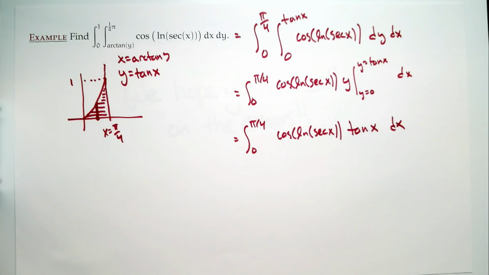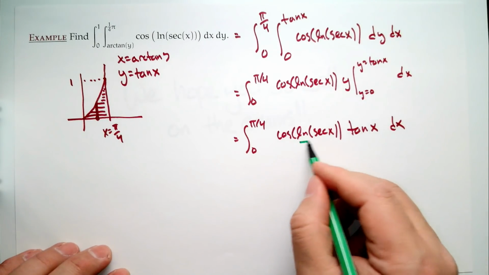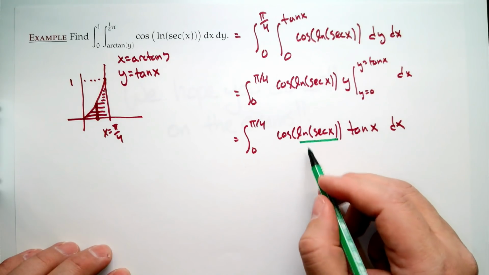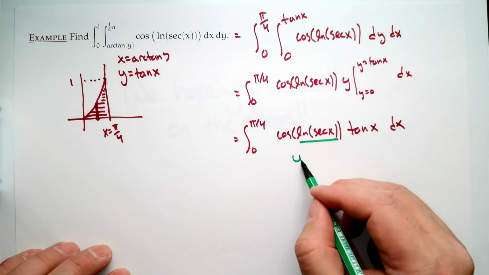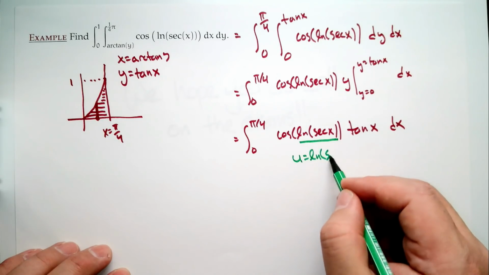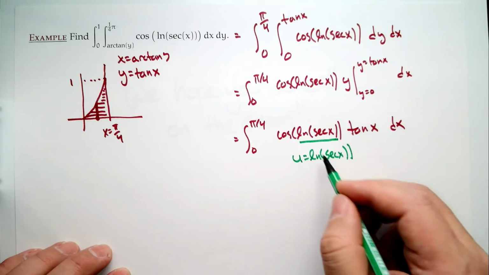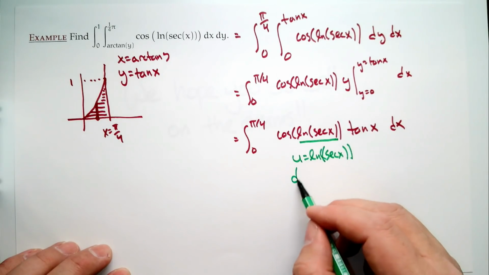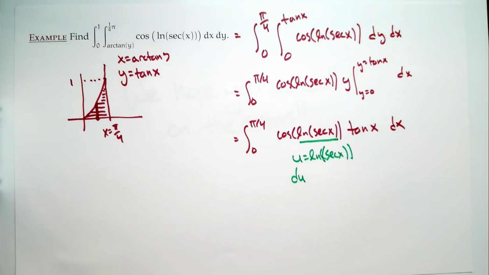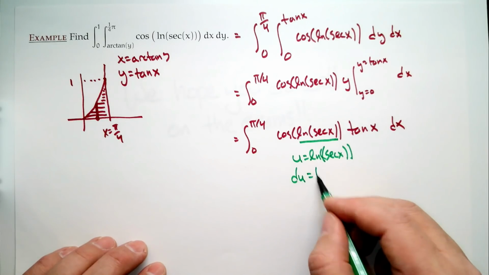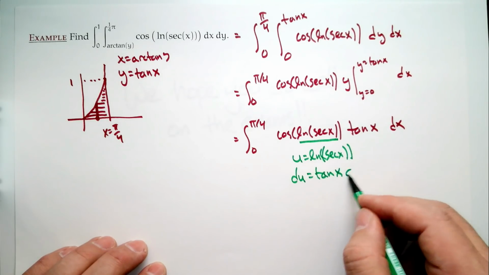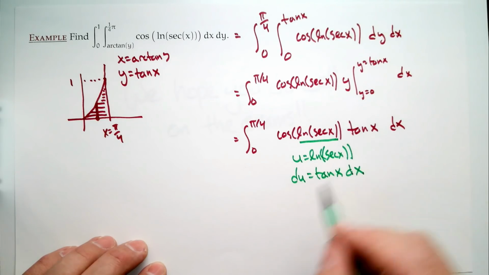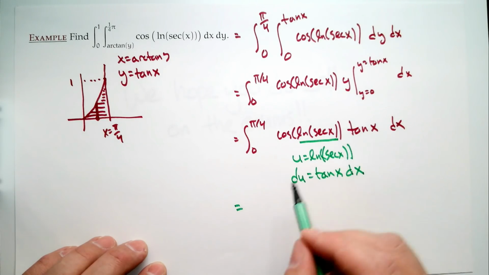And we say, well, is that any better? Well, we think to ourselves, can we do this? We suspect something should happen. Let's try setting the inside part here, u equals log secant x. What's du become? What's the derivative of log of secant of x? It's tangent of x. Almost as if they wanted something nice to happen.